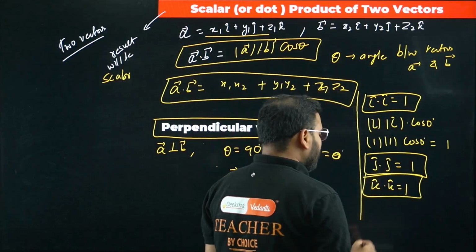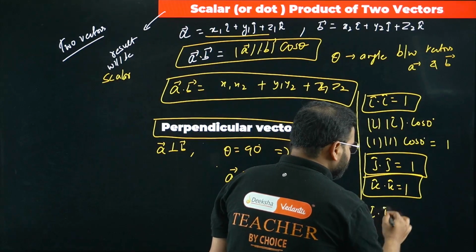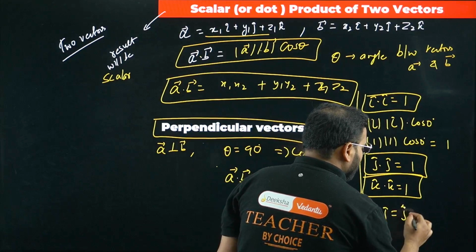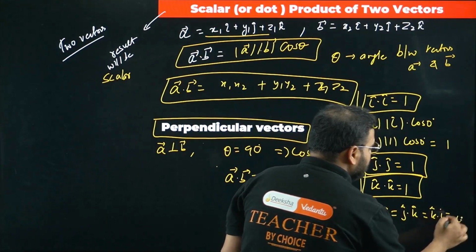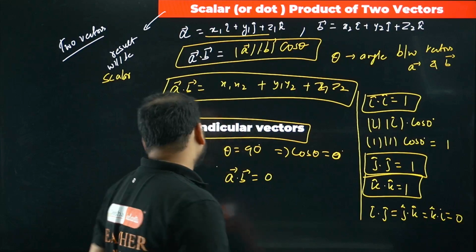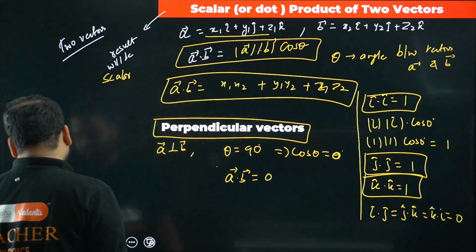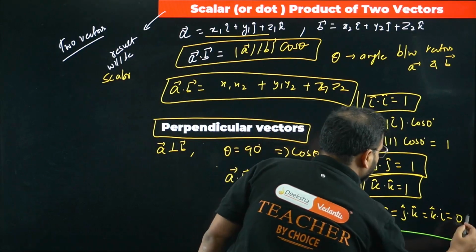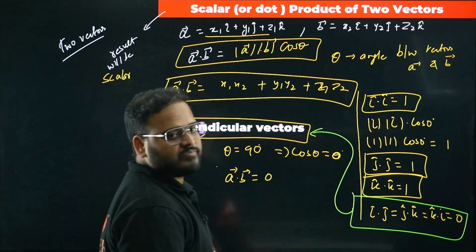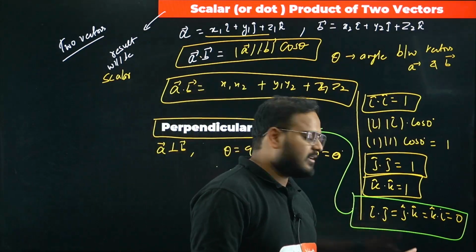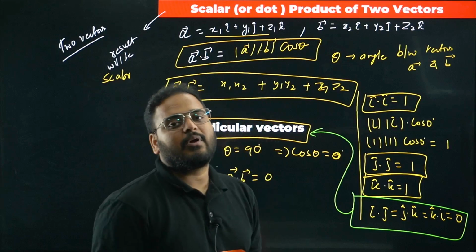And since you know this now, I can write this as well: i dot j, j dot k, or k dot i will always be 0. How come? They are perpendicular to each other. i to j, j to k are perpendicular, and k to i is also perpendicular.